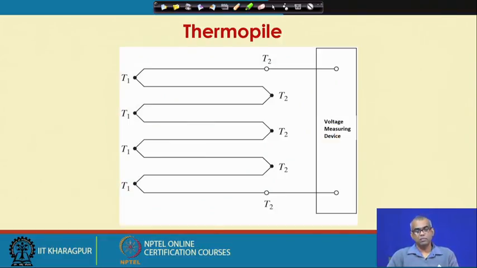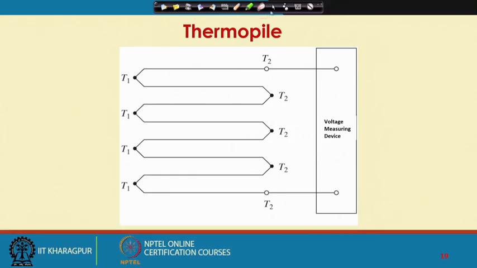Finally, you can have various thermocouples in series. This combination is known as a thermopile. This is done to increase the output from the thermocouple. The voltage produced by a single thermocouple may be small.